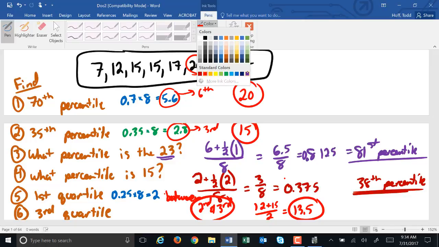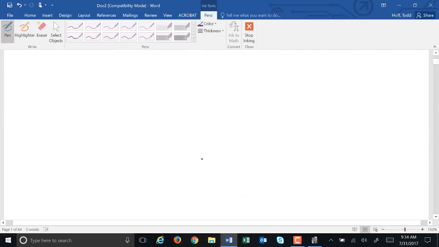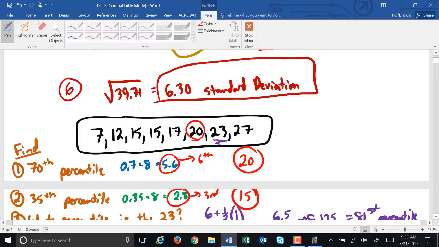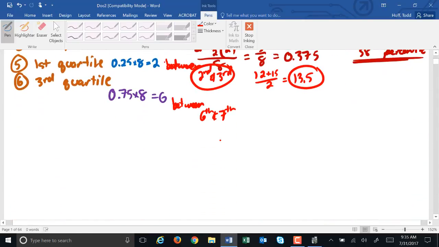And finally, the third quartile, 0.75 times 8 is 6. So it is going to be between the 6th and 7th. So it's between 20 and 23. So 21.5.